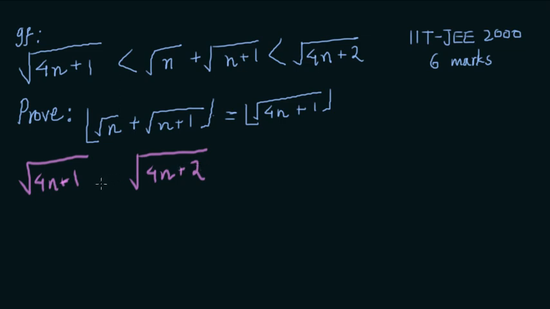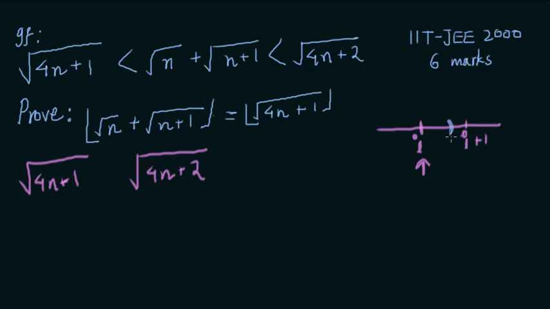Now as we know, the difference between this and this is less than 1, and let's see it on the number line. So this is some integer, okay, I, and the next integer would be I plus 1 at an interval of 1, right? And suppose this is root over 4n plus 1. Okay, this point is root over 4n plus 1, and root over 4n plus 2 will have to lie somewhere in the middle, because the difference of root over 4n plus 2 and root over 4n plus 1 is less than 1.